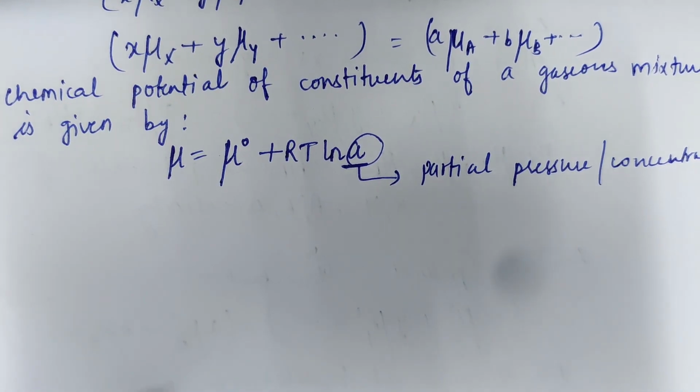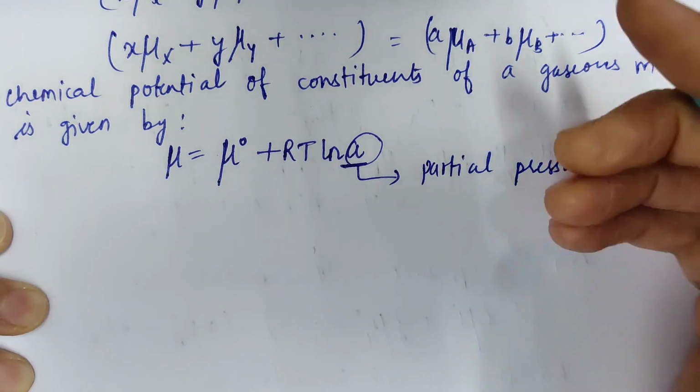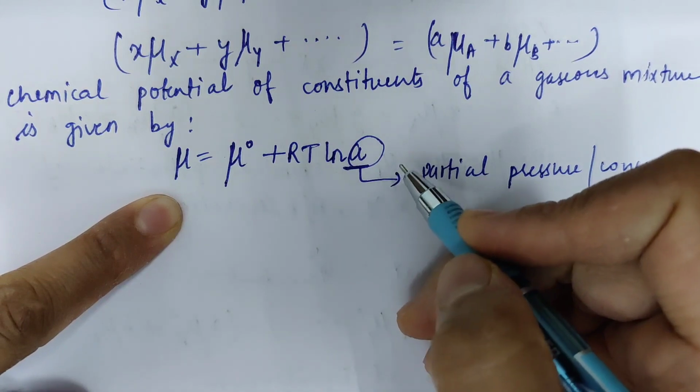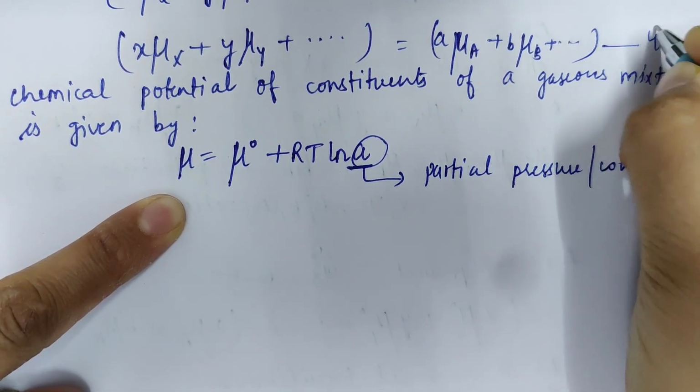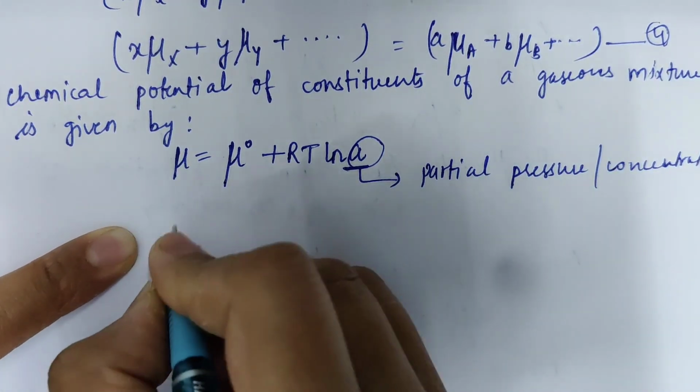Now I'm going to use this equation and make changes to equation number 4. So I'm giving this equation a number, that is 4.